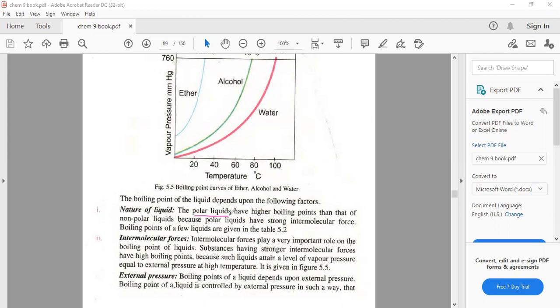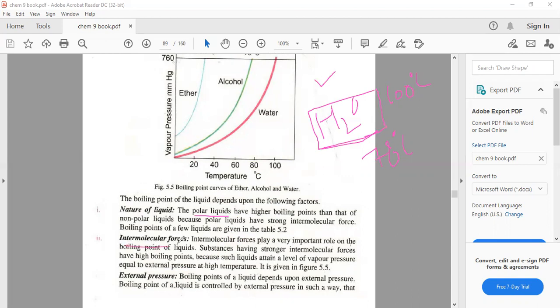So they need high energy to break the intermolecular forces and escape from the surface of the liquid. That's why polar liquids have a high boiling point. That's why water has a 100 degrees Celsius boiling point and alcohol has a 78 degrees Celsius boiling point, because water has polar nature.